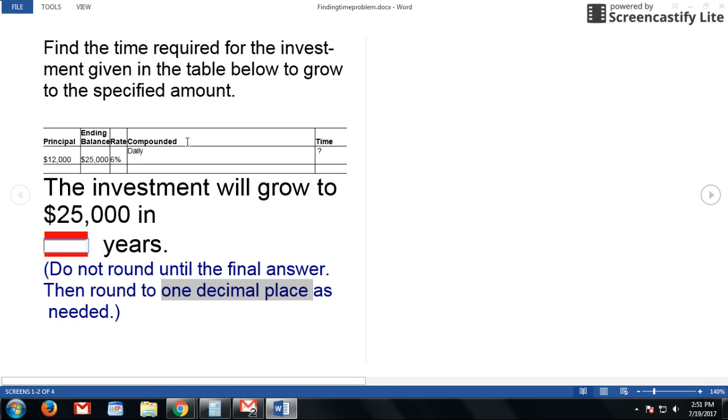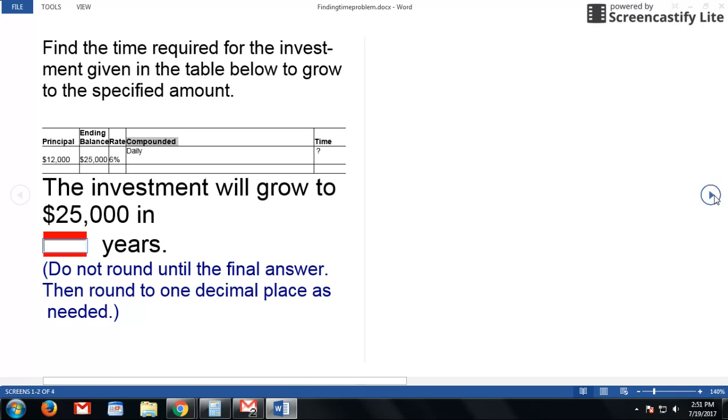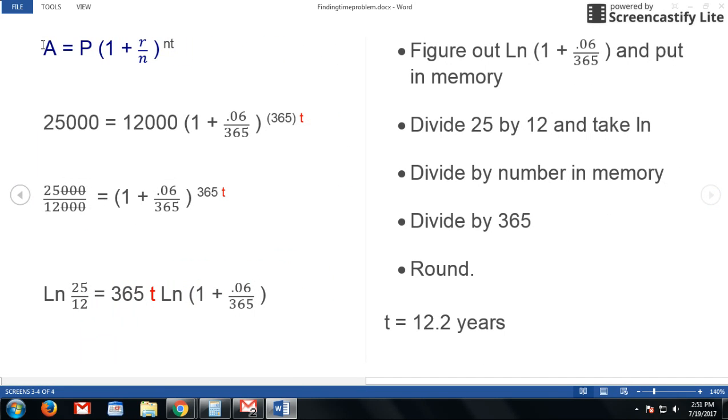Now, since this is compound interest, compounded daily, we're going to use the big formula: A equals P times (1 plus r over n) raised to the nt power. A is the future amount. We wanted our investment to become 25,000. P is the principal, the amount we started with, so that was 12,000.